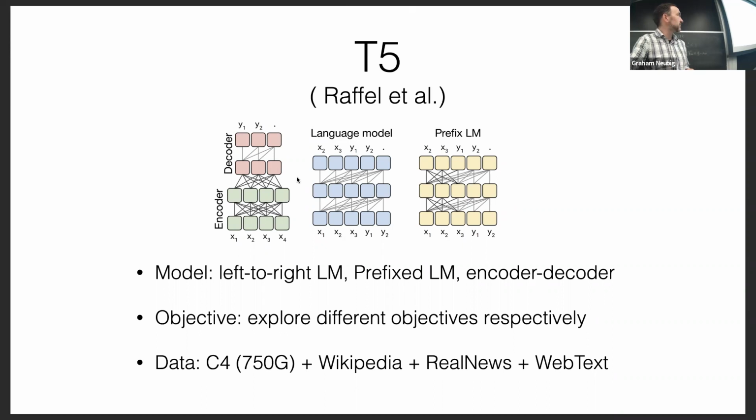It has a bunch of objectives. The paper here is actually pretty nice. They compare a whole bunch of different design decisions, and they explain why they set up their experiments in this way. Basically, they train using an encoder-decoder style objective, a language modeling objective, and a prefix LM objective. They also do span-based masking and other things like this.